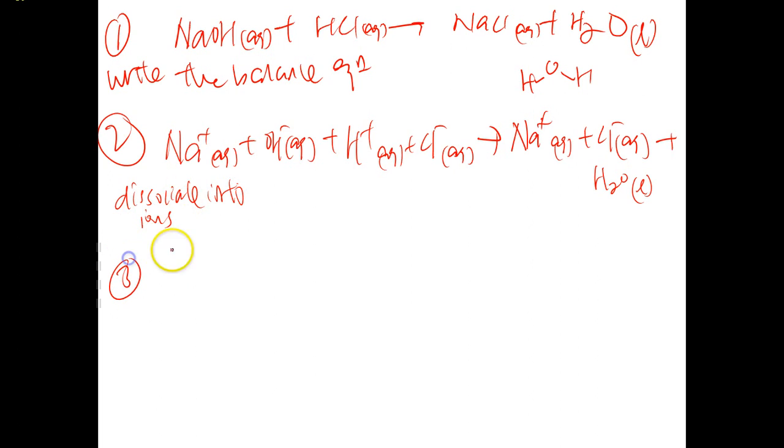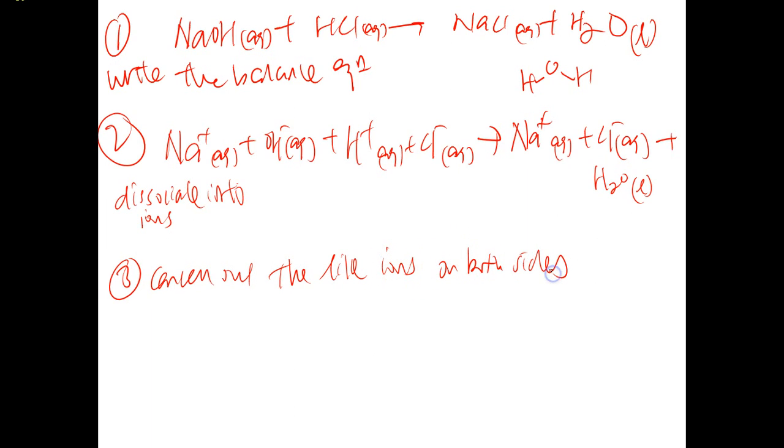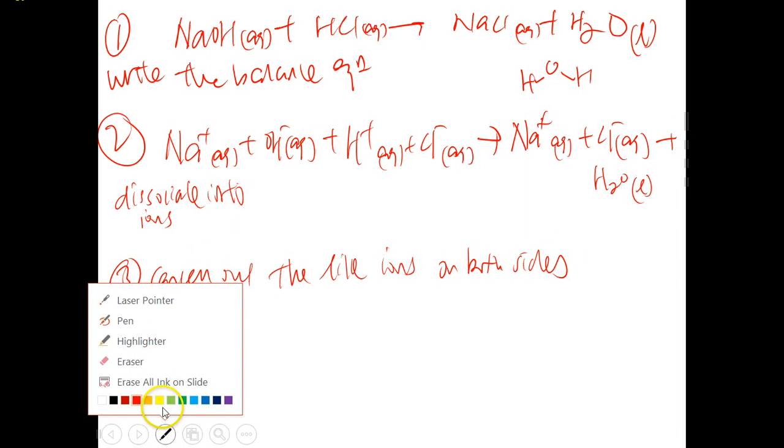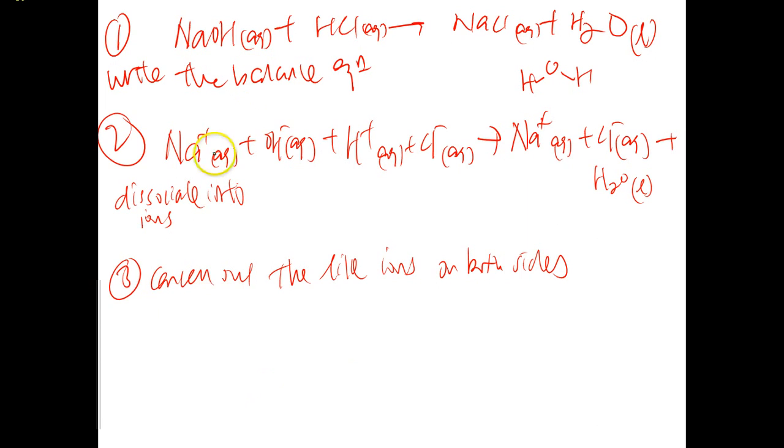And step 3 is to cancel out the like ions on both sides of the equation. So if we take a look here, what are the like ions we have? We have Na plus and Na plus being the like ions on both sides, so we can cancel these two out. We have Cl minus and Cl minus being the like ions on both sides, so we can cancel this out.